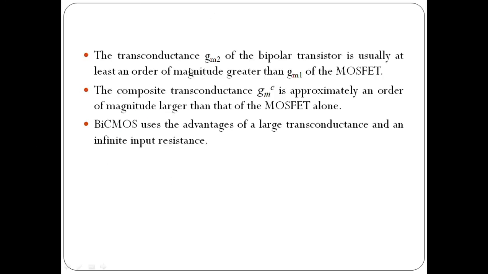The transconductance gm2 of the bipolar transistor is usually at least an order of magnitude greater than gm1 of the MOSFET, and the MOSFET provides a very high, infinite input resistance. So BiCMOS uses the advantages of large transconductance and infinite input resistance.